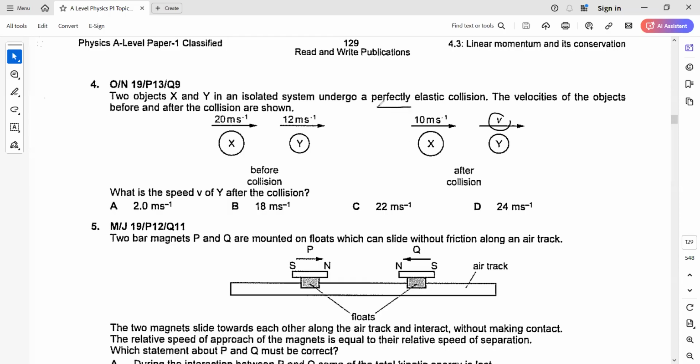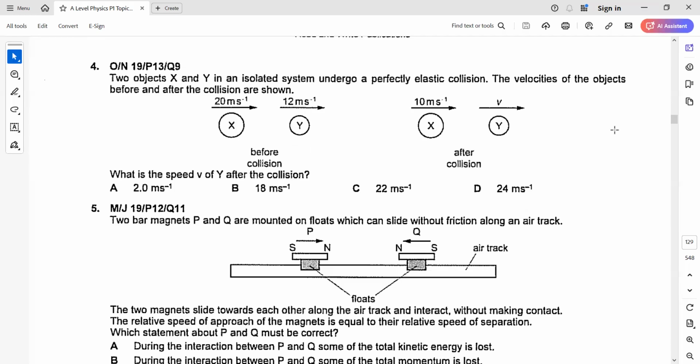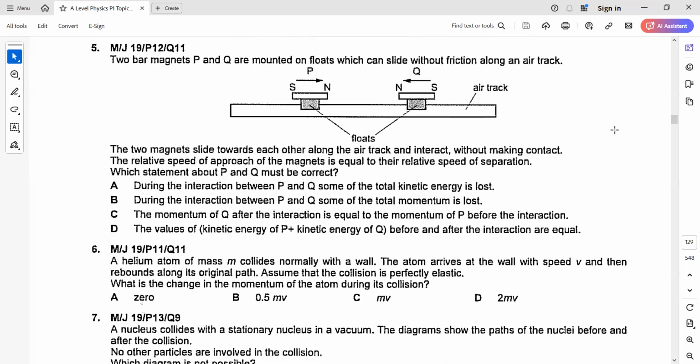It's an elastic collision, so speed of approach, 20 minus 12, equals speed of separation, that would be v minus 10. So approach is basically going to be 8, that's v minus 10. So 8 plus 10 is going to be 18. Yeah, we have 18, right? So that's the answer here. Question number 5.